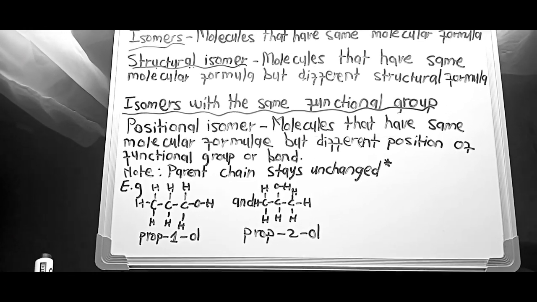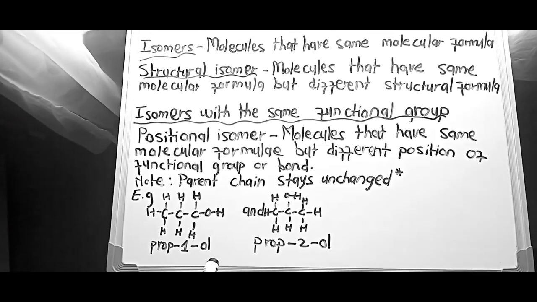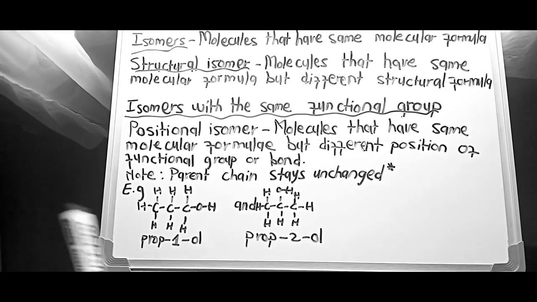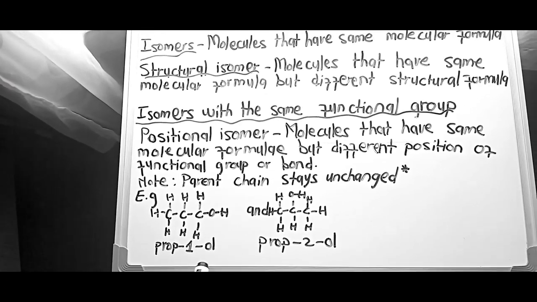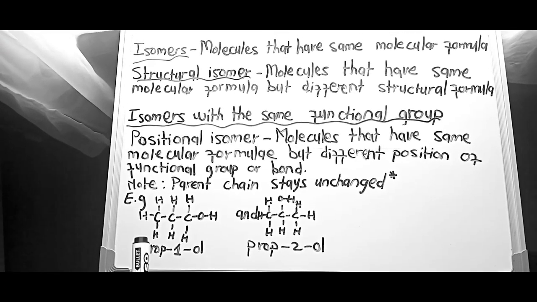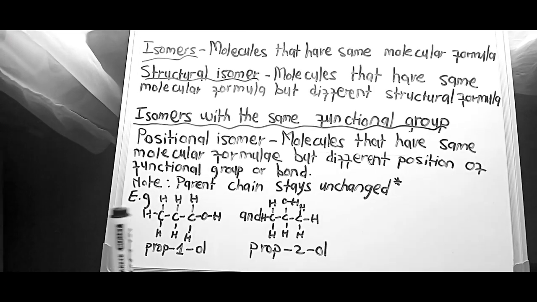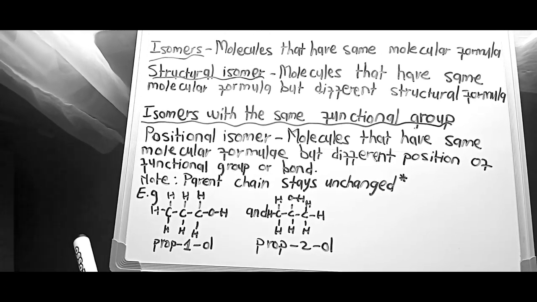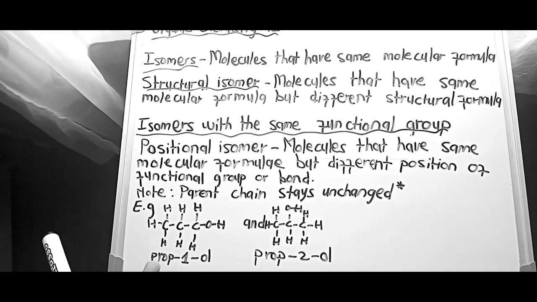We have an example here: prop-1-ol and prop-2-ol. Why do we say these two structures are positional isomers? Because the functional group is the same. They belong to the same homologous series and have the same functional group.